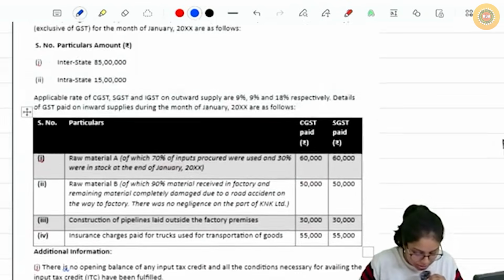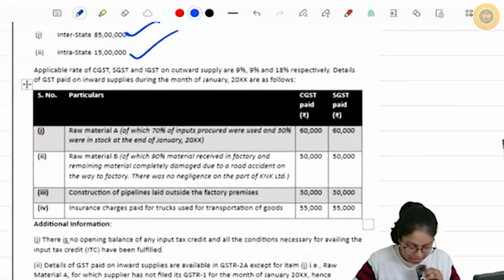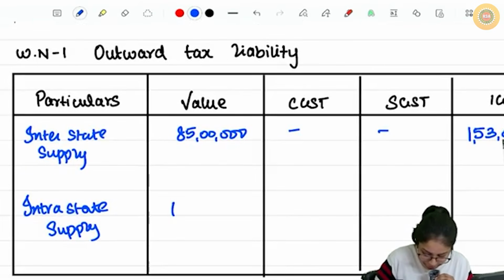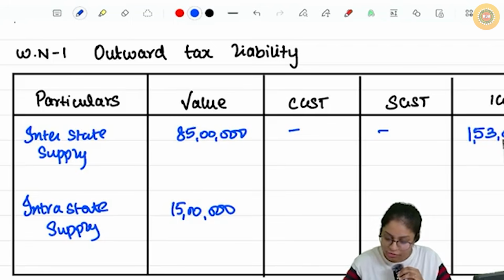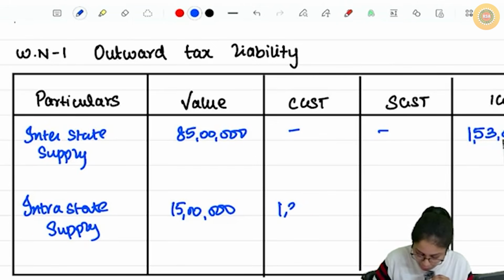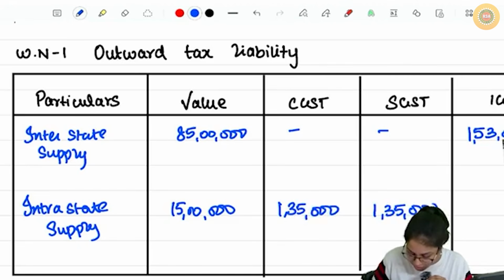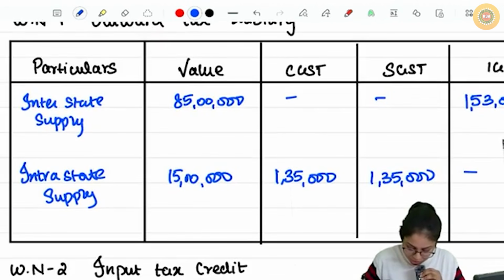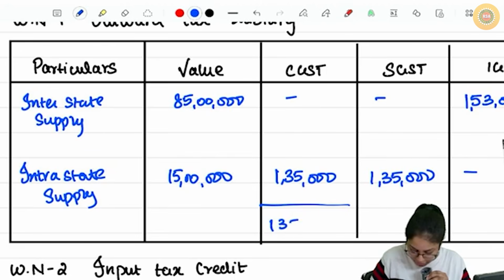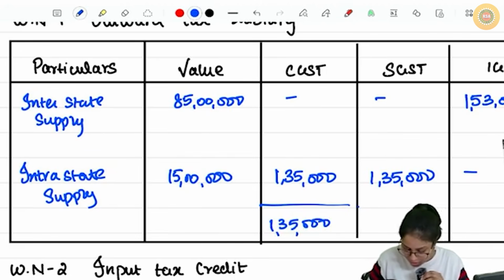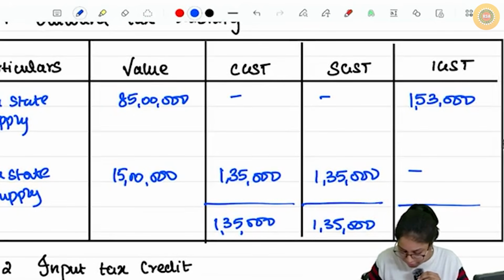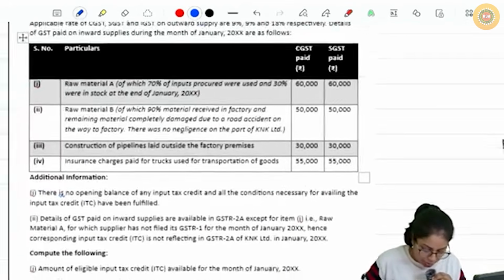Let's look at it. Intrastate supply was 15 lakhs. Do your calculations along with me. 15 lakhs into 9% each, 1,35,000, and nil. So this is done. So my totals are 1,35,000 and 1,53,000. Perfect.